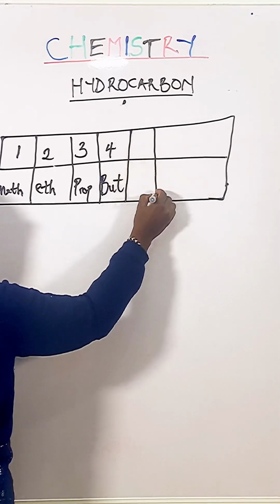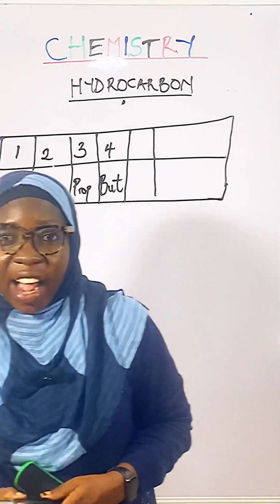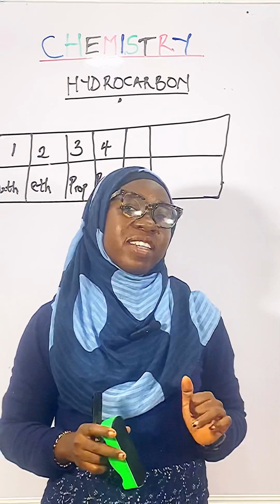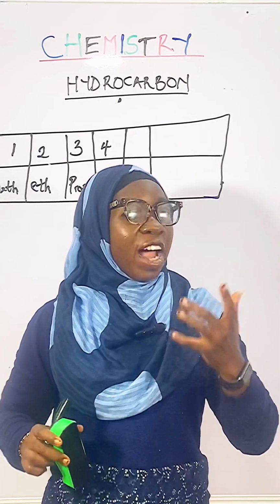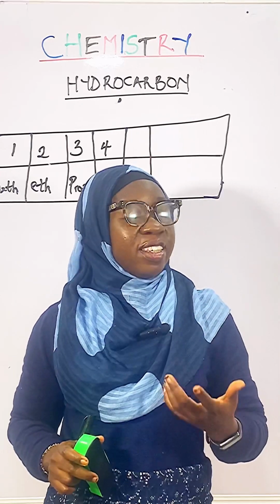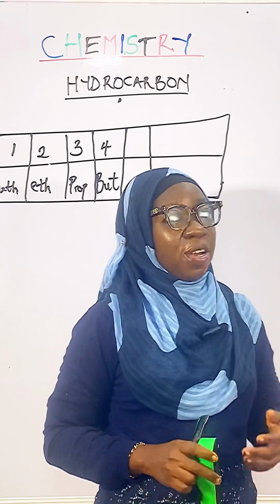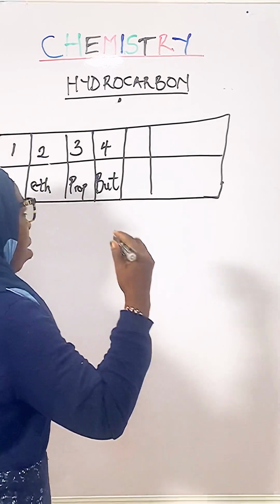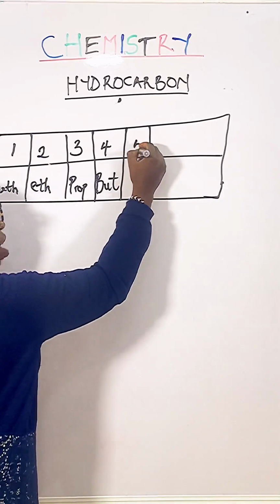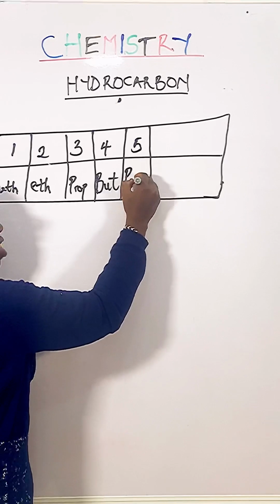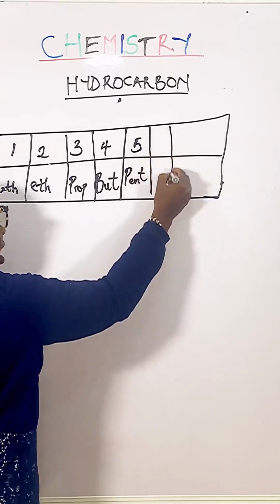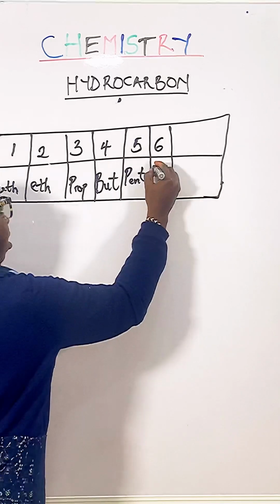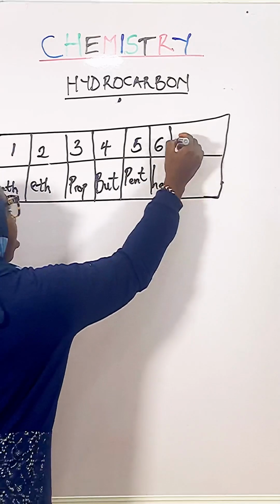Then from 5, it is so easy. You know why? Because I am very sure you must have done polygon in your mathematics. And from there, you know 5 in polygon is what? Yes, you got it. Pent, from the word pentagon, right? So from 5 upward, let's say it together. 5 is pent, right? And 6 is what? Yes, you are right. Hex, from the word hexagon. 7 is what?